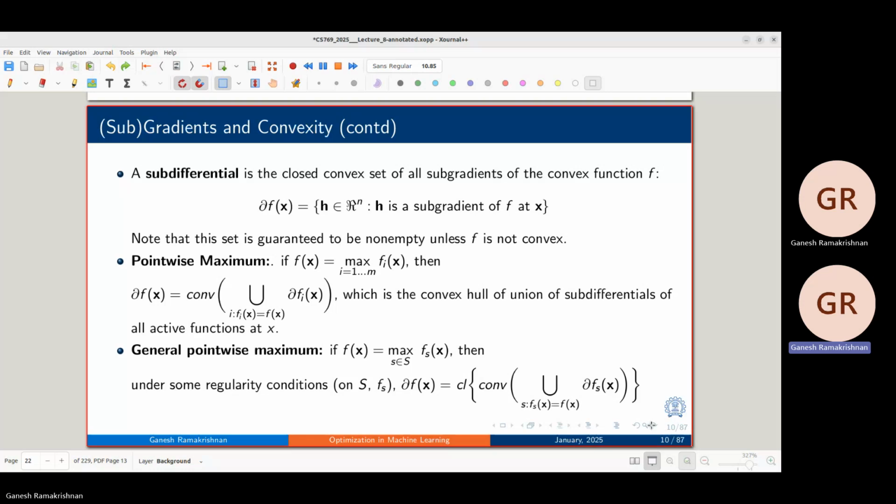Max of V transpose U subject to something. So in fact, let's assume that one of them has some norm upper bounded by 1, right?